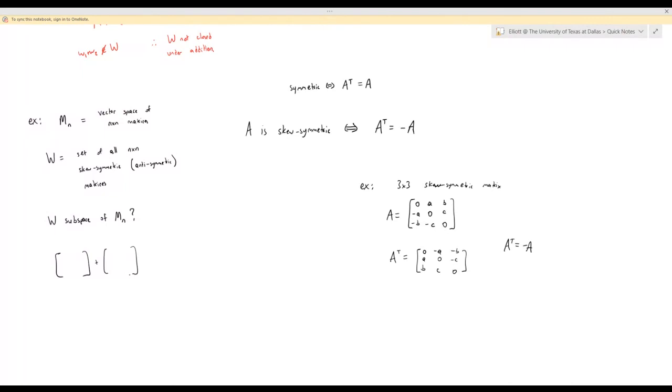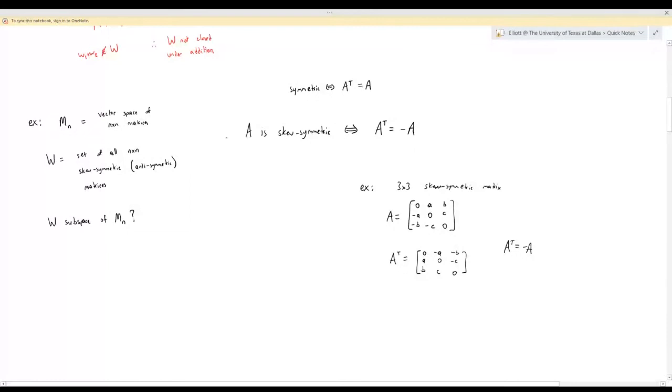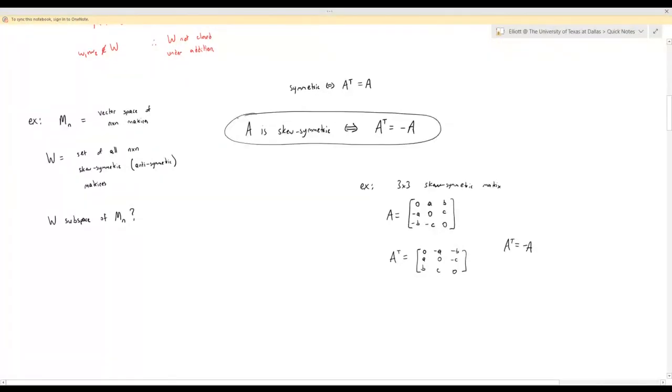So I wanted to show how you can answer it without writing out what the matrices look like. The key is that we're going to use the definition of a skew symmetric matrix to verify the two properties.